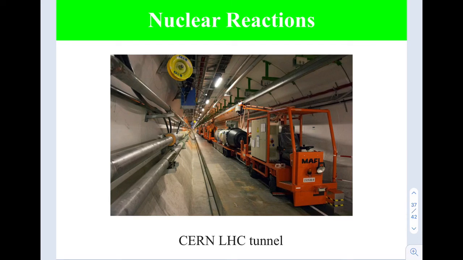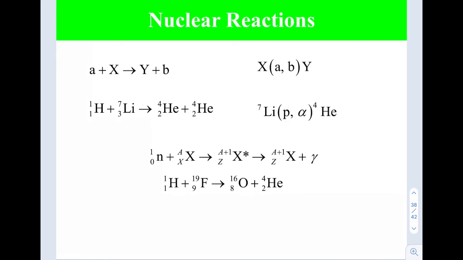It is big because you have to accelerate the electron, proton, neutron and bombard them, and then the nuclear reaction takes place. For a nuclear reaction, say particle A bombards nucleus X, the output becomes nucleus Y plus particle B. We can also write it in an expression: A is bombarded into X, producing Y with B.